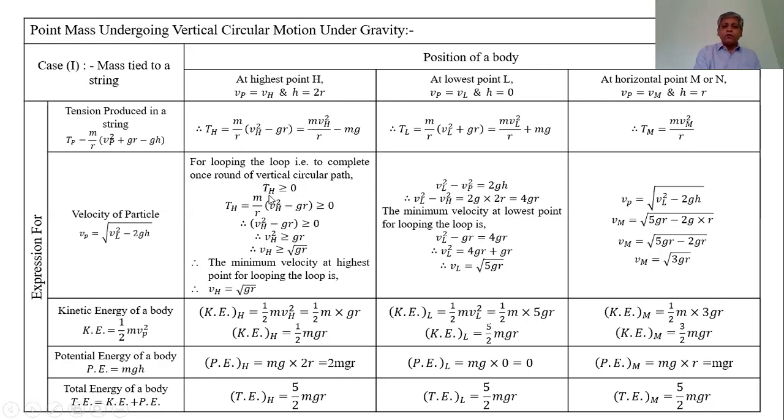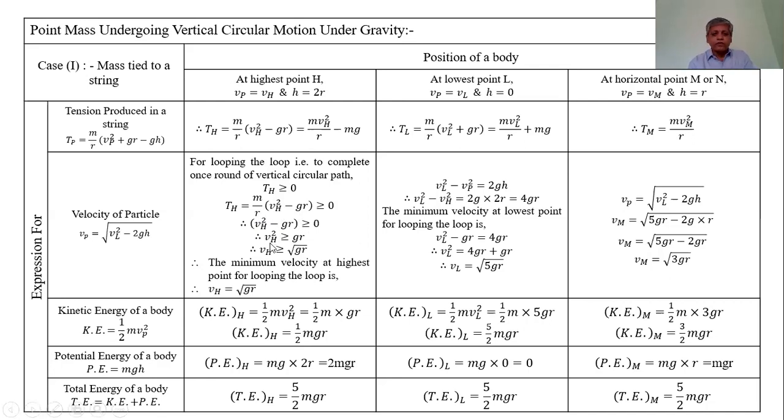Therefore, m upon r into bracket Vh square minus gr is always greater than or equal to 0. The mass of the particle m and the radius of the circular motion r cannot be 0. Therefore, only the bracket Vh square minus gr is equal to 0 or greater than 0.